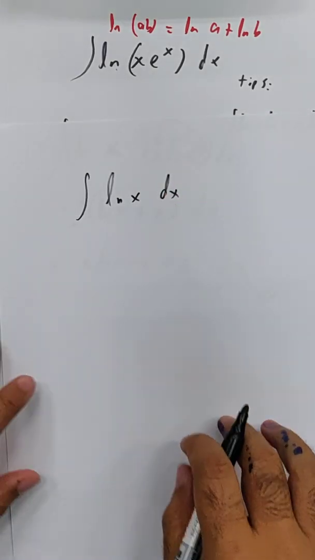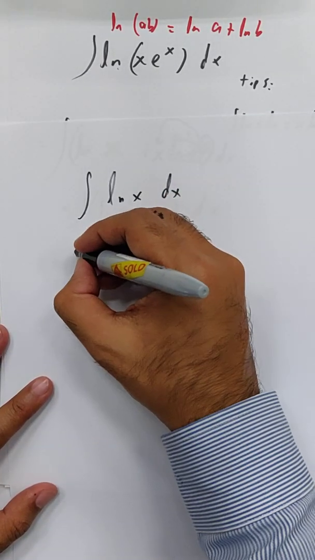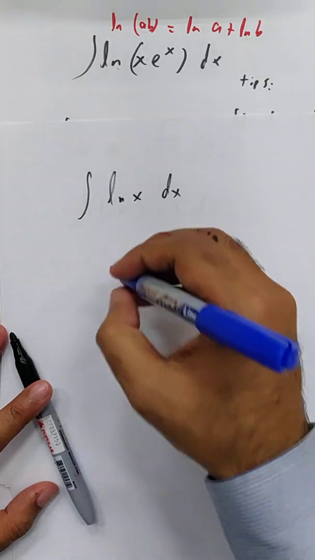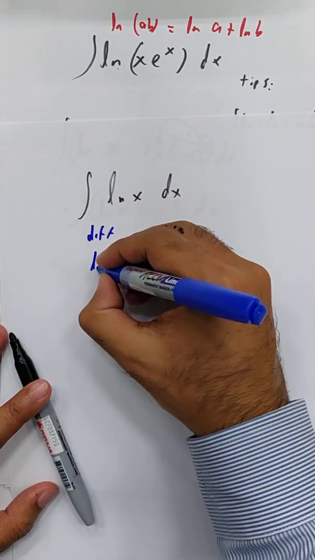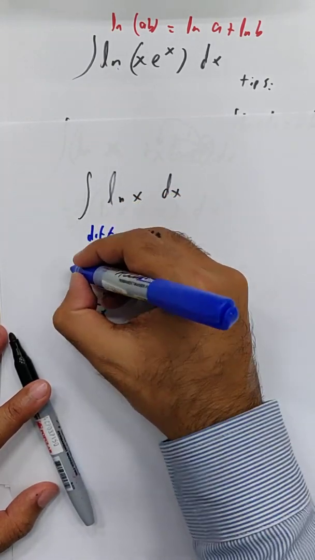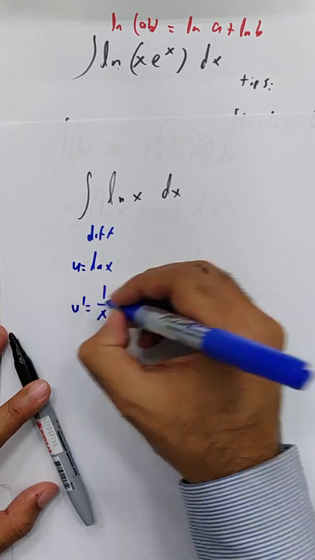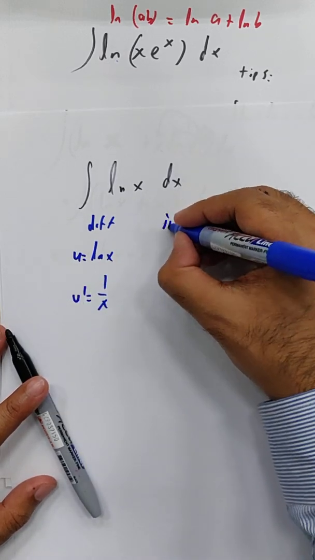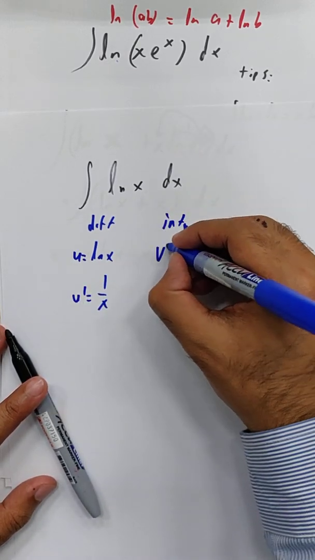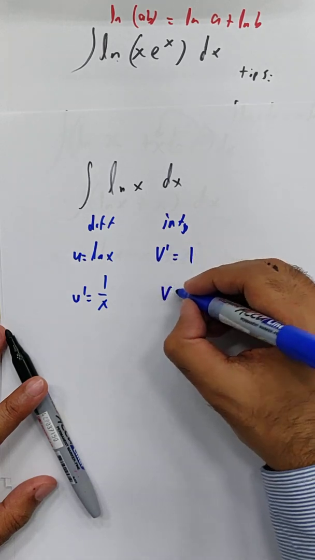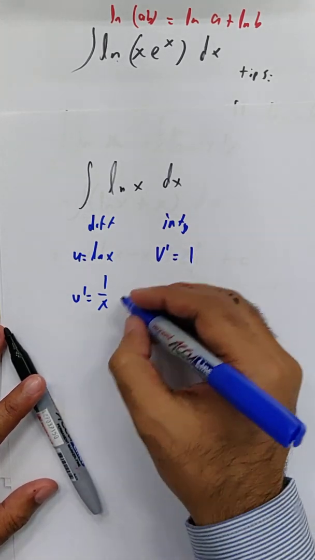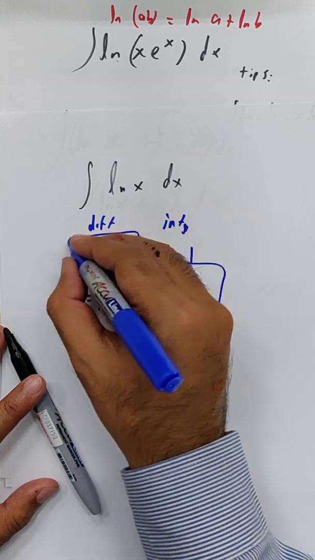A quick one, integrate ln x. You differentiate ln x, get yourself 1 over x. We integrate 1, x. So from here it is just IBP.